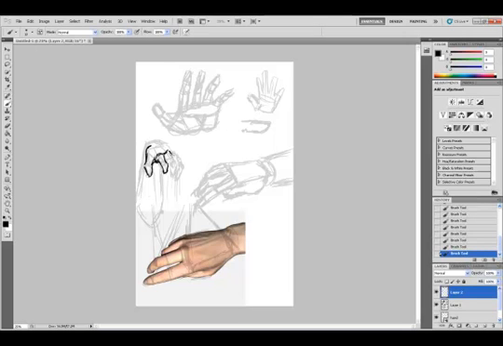Remember, that's foreshortened there. You don't have to keep the ink lines clean to start with. You can clean them up later. And the wrist.